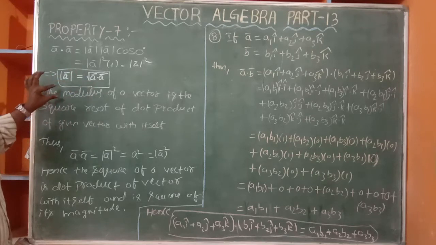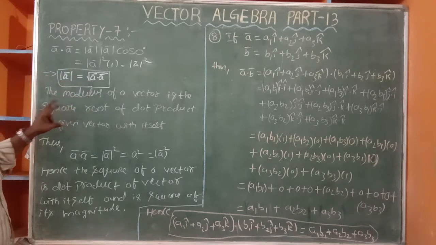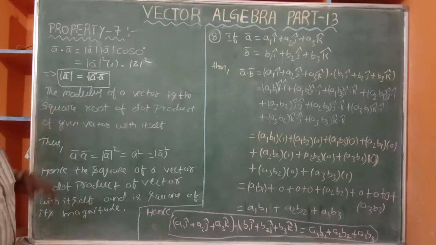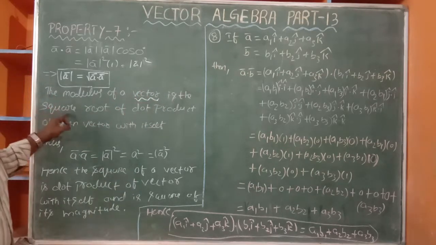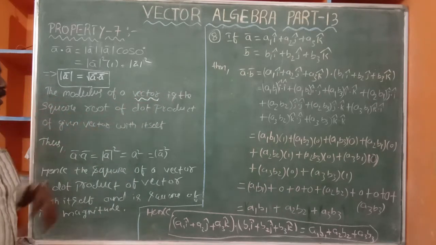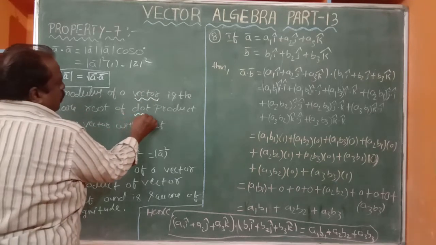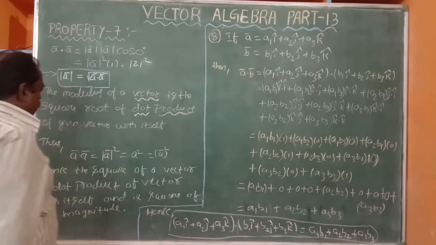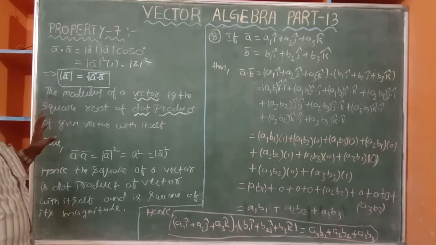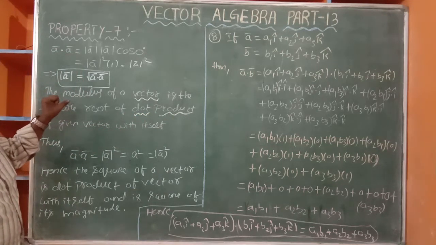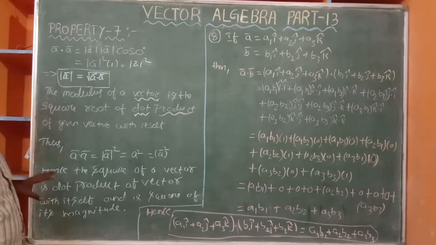That is in one statement. The modulus of a vector is the square root of the dot product, or scalar product, of the given vector with itself. It is a very good concept. Try to note it down.